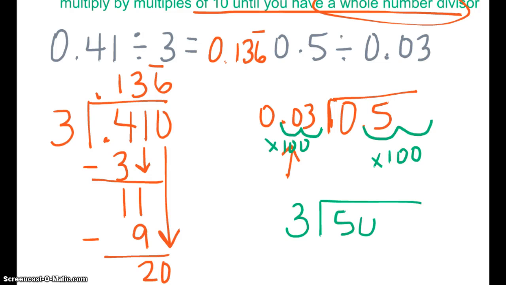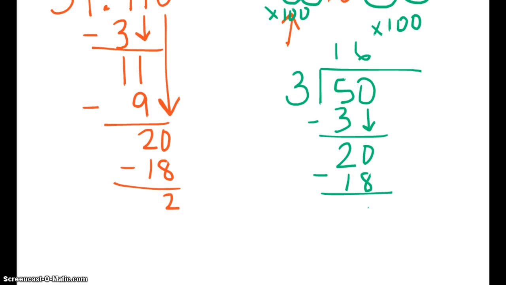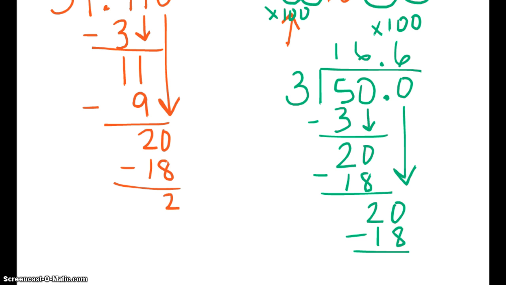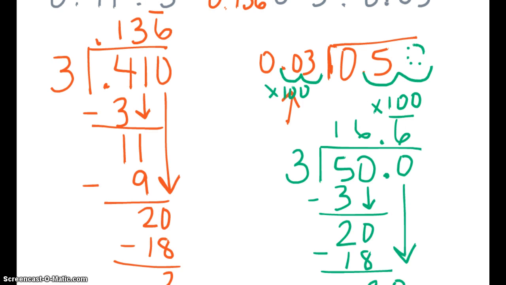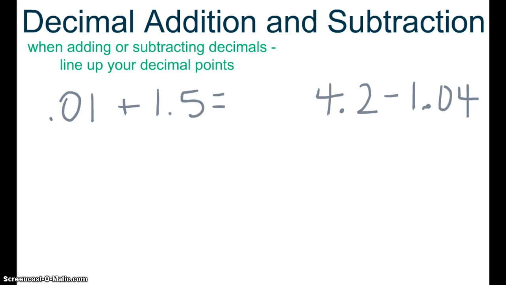So I have 3 now into 50 because I have a placeholder 0 right here. And 3 goes in there once. Bring down my 2. I get 6. 6 times 3 is 18. Subtract and get 2. Now I show my decimal point in my problem and my answer. Add my 0. Bring it down. 3 into 20. 6 times. And look what's happening. I am repeating. So I get 16 and 6 repeating.